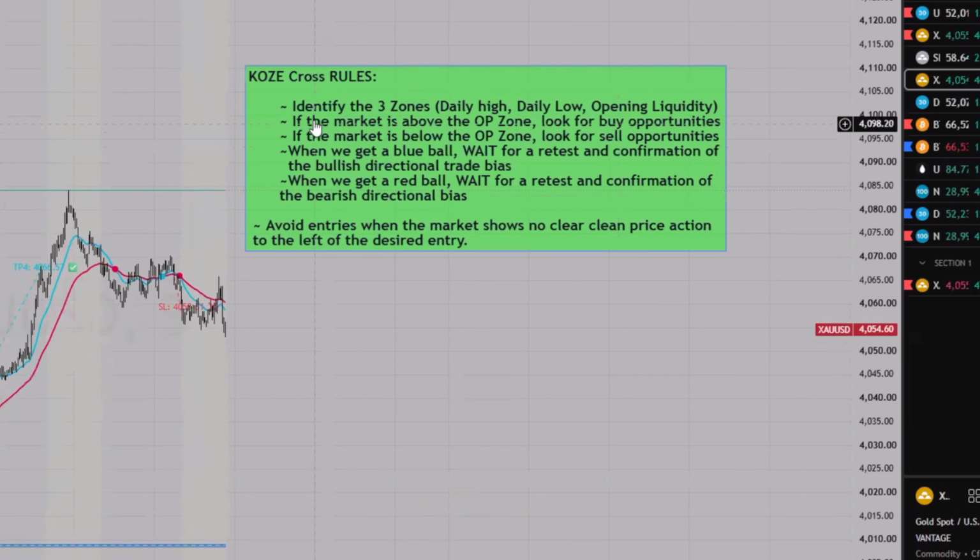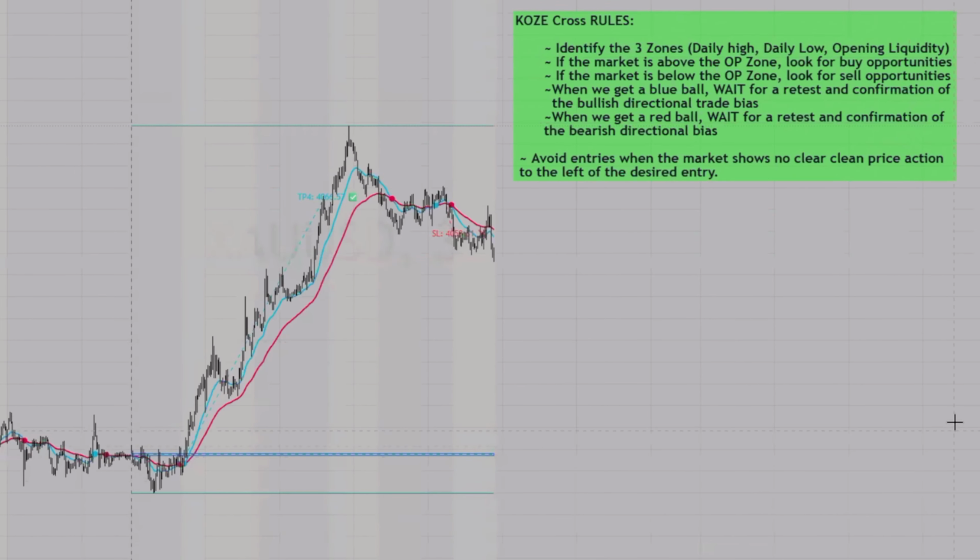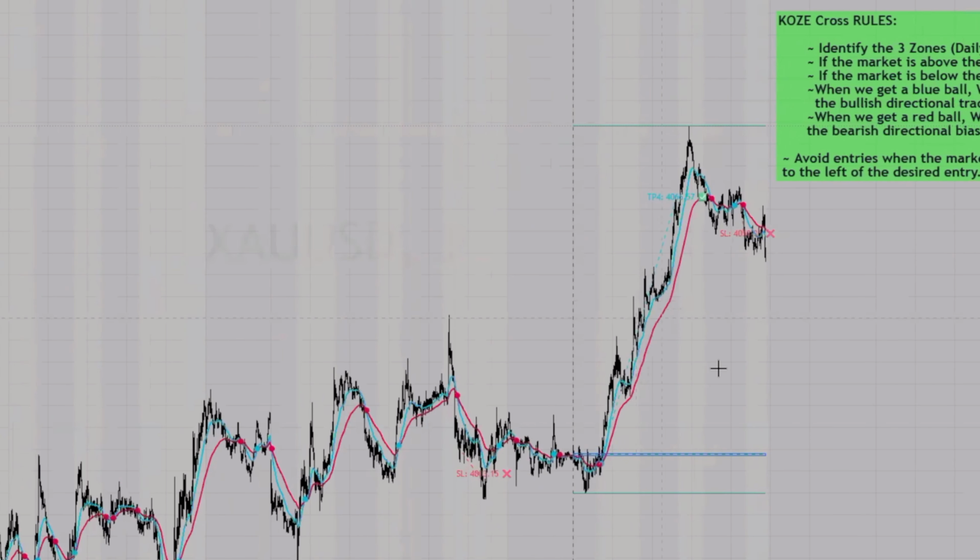So you're going to first identify the 3 zones: the daily high, the daily low, and the opening area of liquidity. The same thing as Koze, right? We see our high, we see our low, and we see our area of liquidity. Once we are able to identify those 3 zones, it would be in our best interest to identify the previous zones as well.